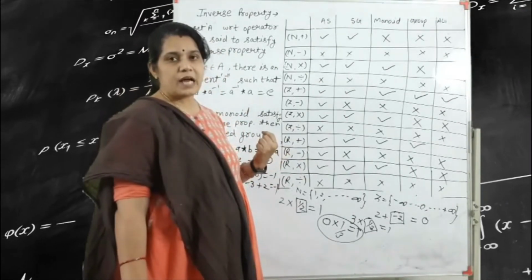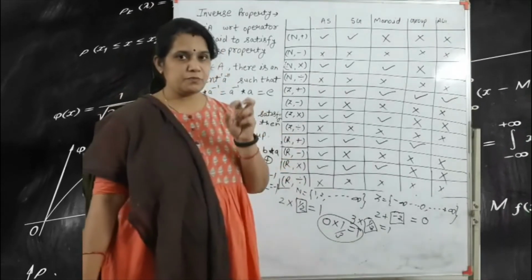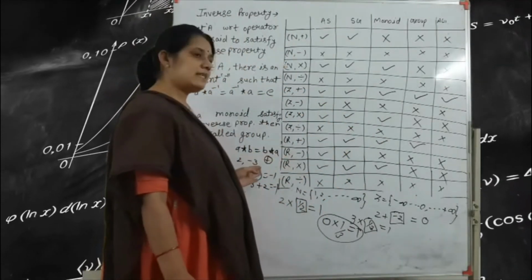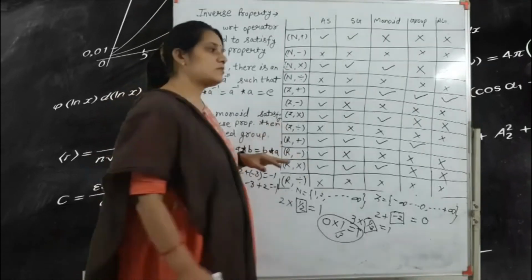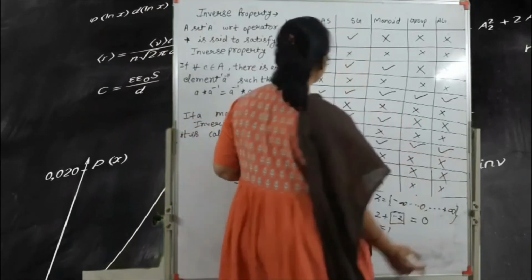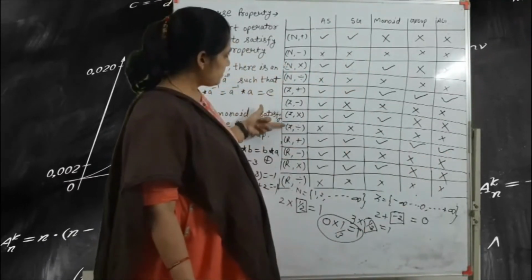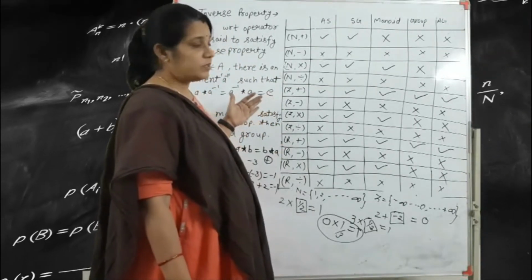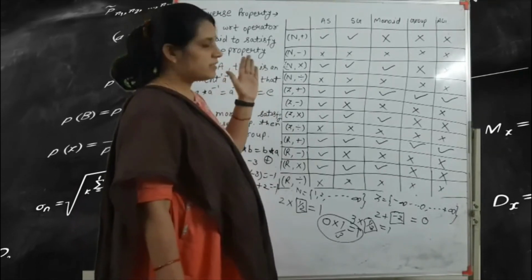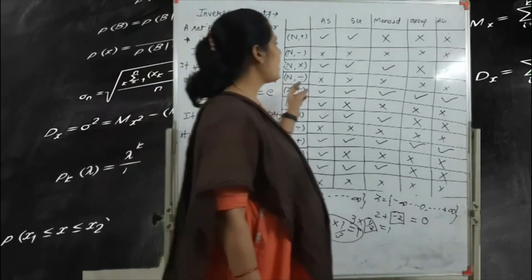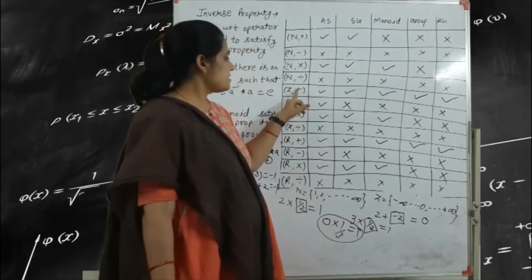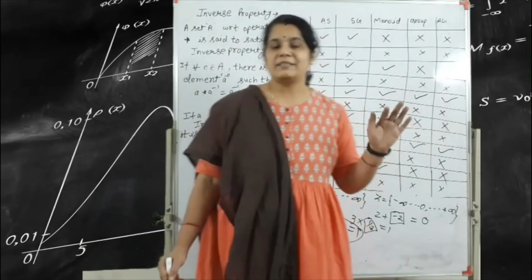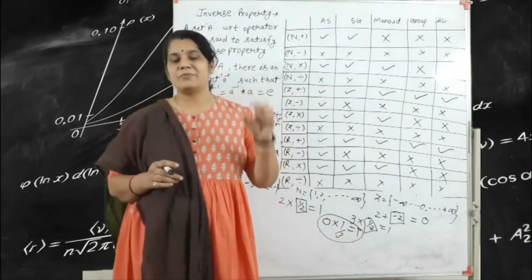Obviously R plus is minus infinity to plus infinity, and fractions are also included, so using the same kind of example, R plus also satisfies the commutative property. That means we have checked different types of sets and different types of operators, and here we have only two: Z plus and R plus are abelian groups, that means they satisfy all five properties.